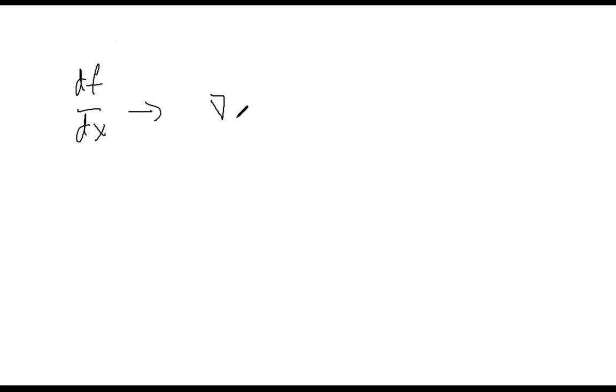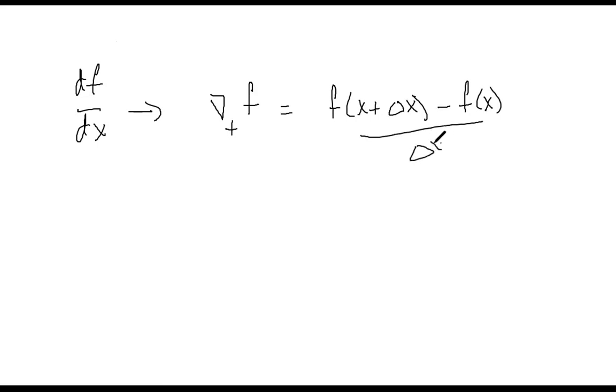So we saw a forward difference derivative, and then we also had a backward derivative. We aren't going to use this one today, but I just want to remind you of its existence.